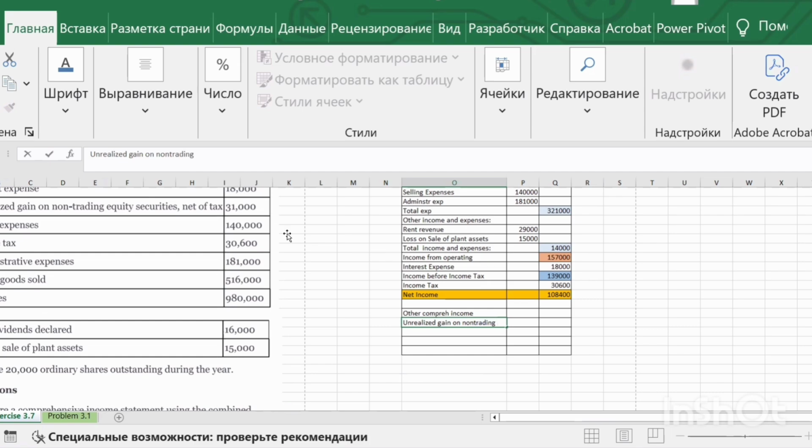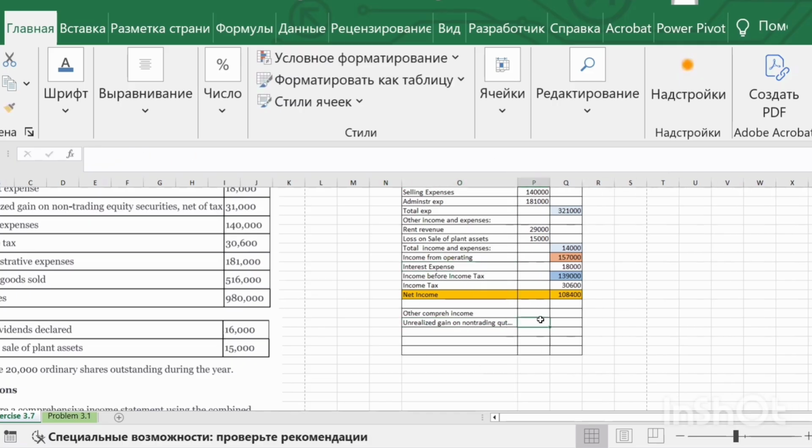I just write the old name from the exercise. And it is 31,000. It's the ready number with a positive sign because it's a gain. Gain plus. We win some money, something like that.